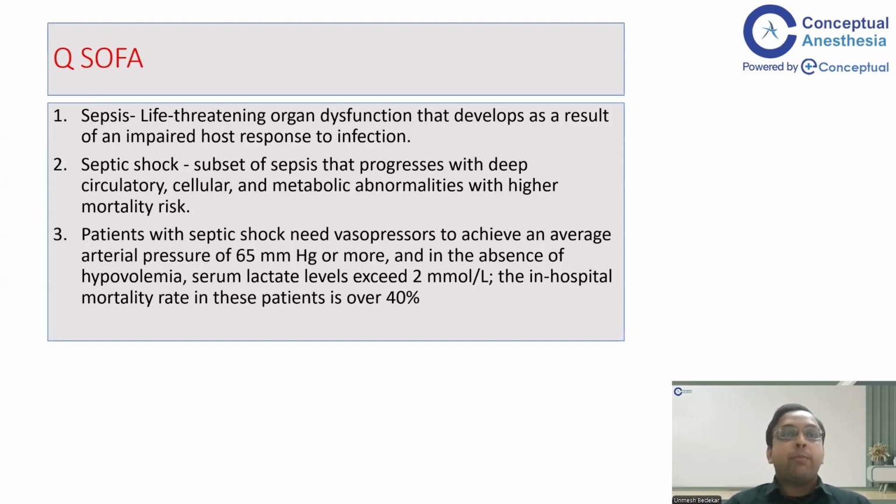The in-hospital mortality rate of these patients is over 40%. That is why quick scoring is essential to quantify, triage these patients, and start early treatment, prevent hypovolemia, and prevent a rise in lactate levels to decrease this mortality rate.